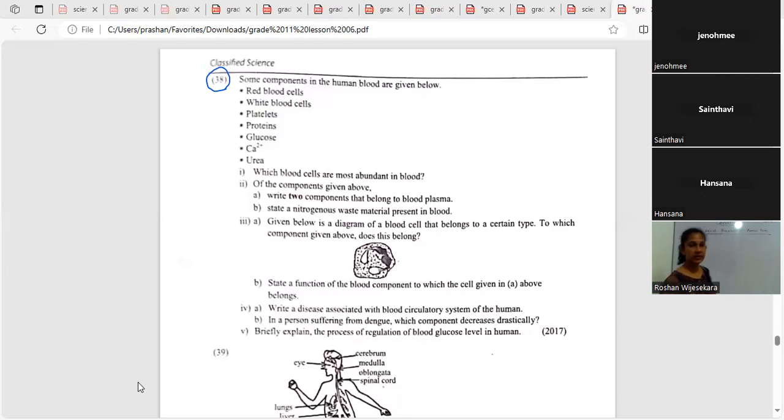When the glucose level is increased, what happens is the pancreas secretes insulin hormone. Then glucose is converted into glycogen and stored in the liver.